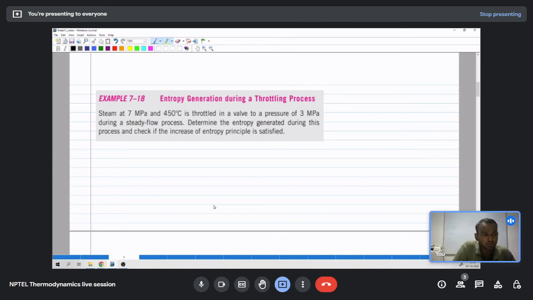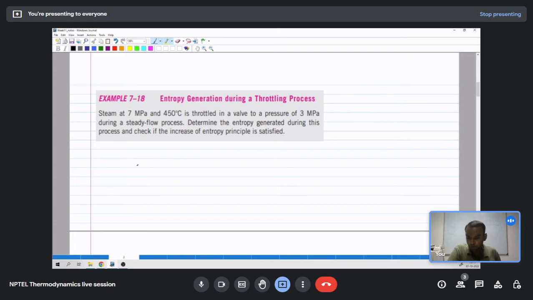Throttling process means a fluid at a high pressure is open to a low pressure system, and it is freely made to expand without any work being extracted. During this process the enthalpy remains the same, and that is how we should go through the problem.